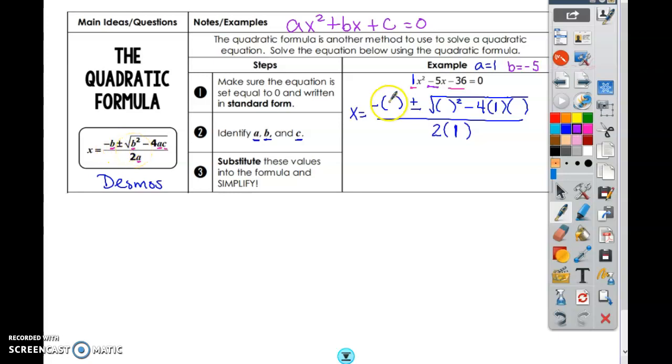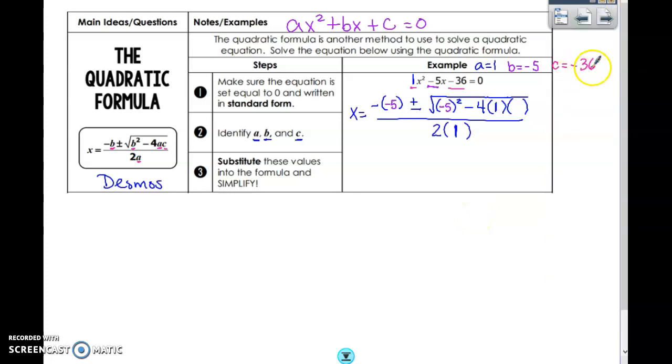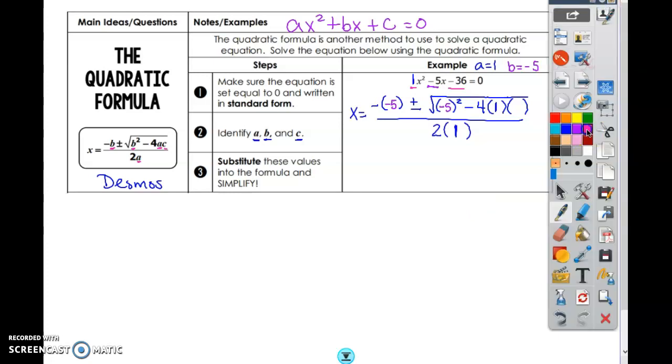So I need to put negative 5 inside the parentheses here and inside the parentheses here. Okay? And my C was negative 36. So I'm going to put negative 36 right here because that is my C. Okay? That's all I'm doing.